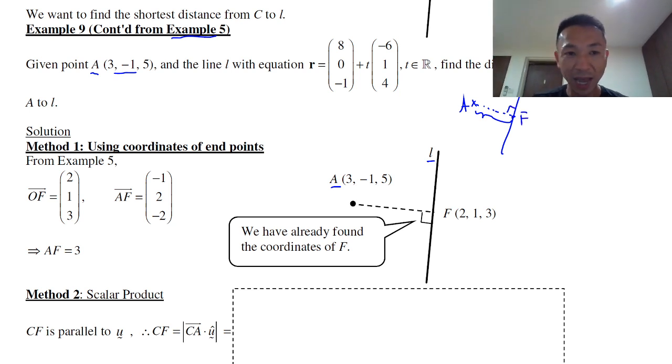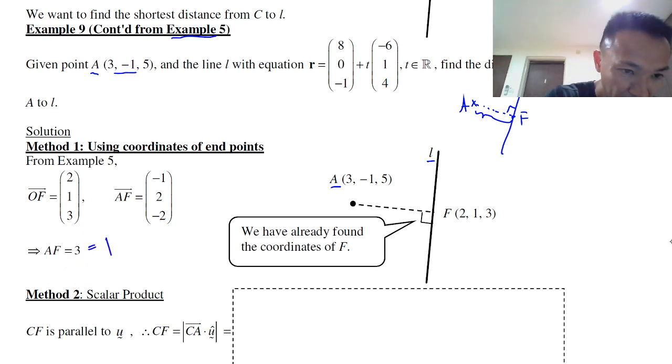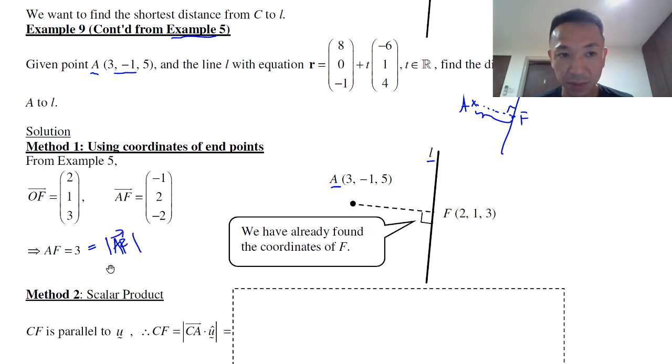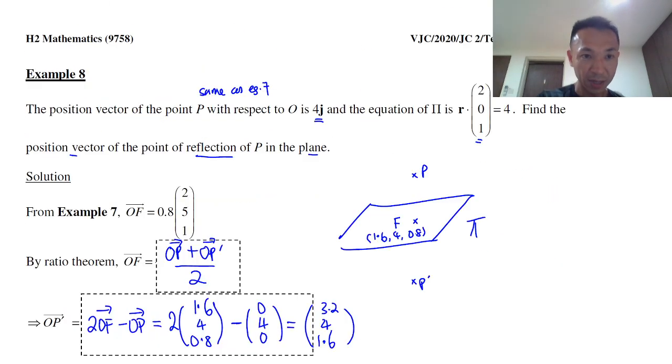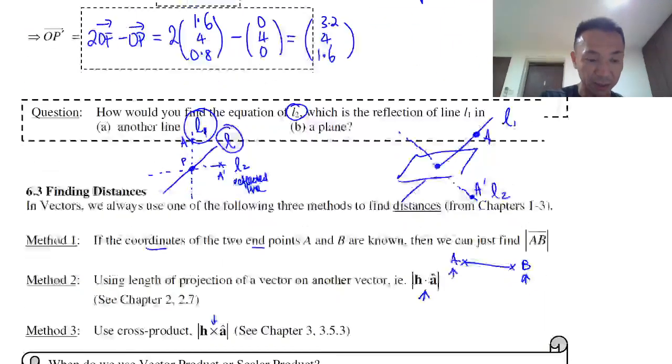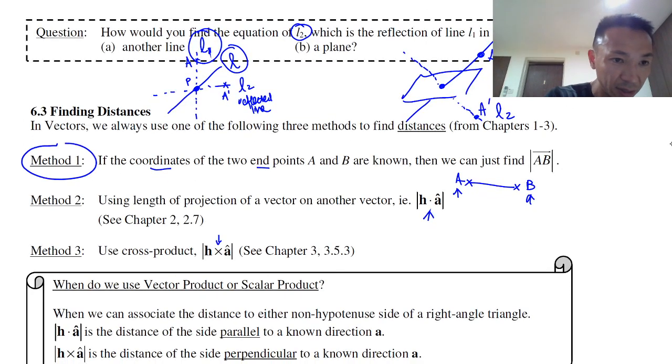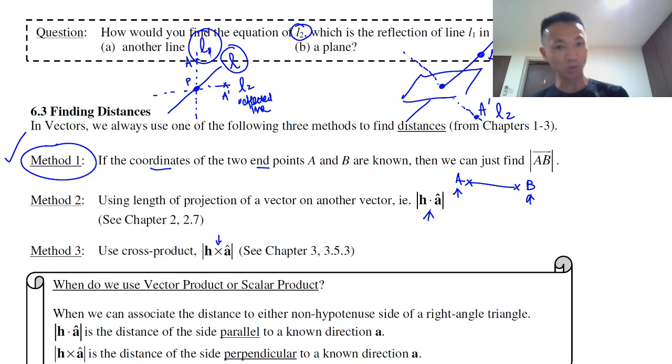So we can use example 5, pretend that we have found the foot of the perpendicular, OF is this. Then I just find AF and the magnitude of AF. Done. This is method 1. I refer you to the notes again. Got 2 endpoints, find distance, done.